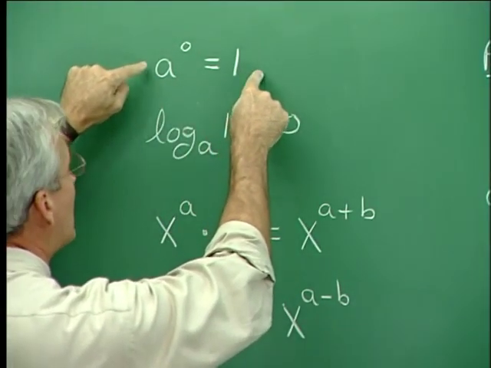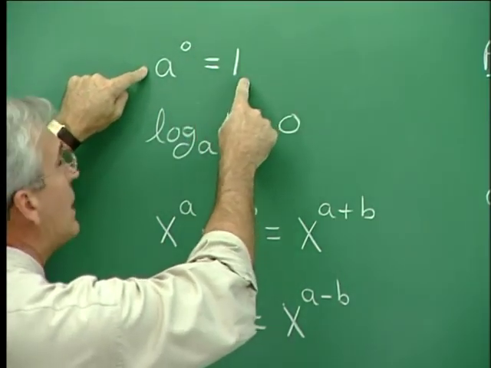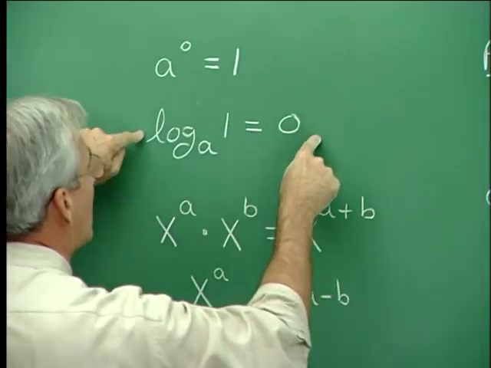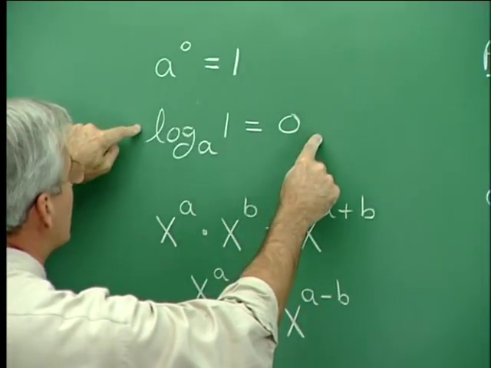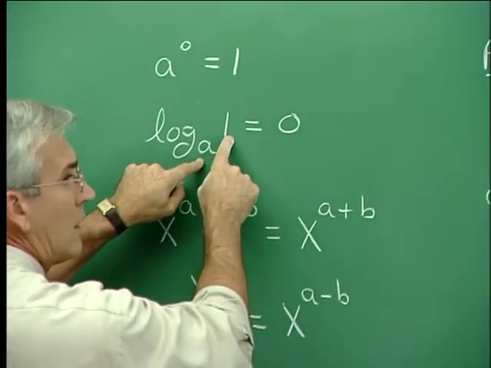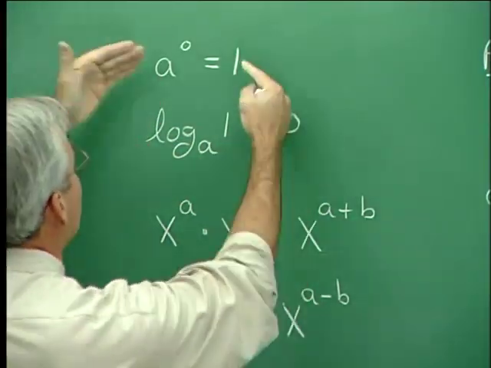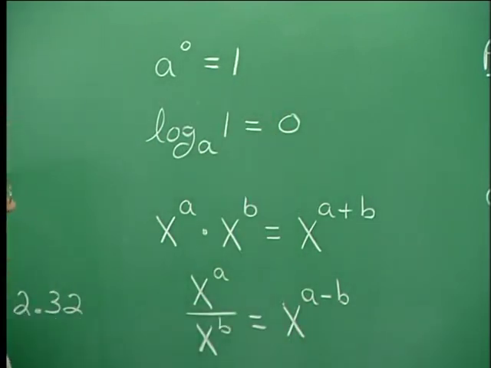You see, in the exponential world, you take a base and raise to the 0 power and you always get 1. Change that situation into the logarithmic world and we have this. So no wonder this works out in the logarithmic world. It has a basis in the exponential world.